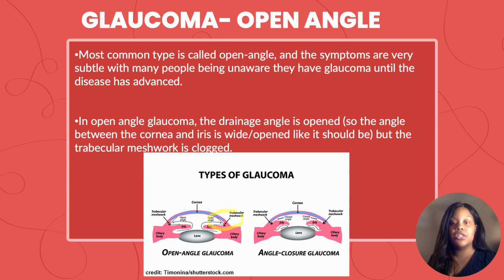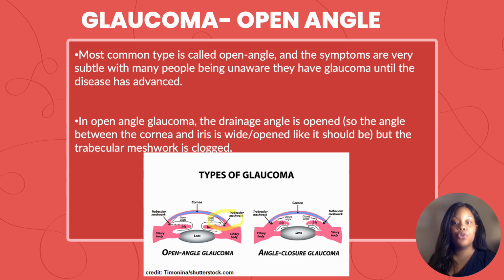So what is the job of our trabecular meshwork? We said that it is like a strainer, like a drainage system, right? So if that is clogged, then we start to have what? A backup of pressure. So why does it become clogged? As we get older, the meshwork doesn't work as well to drain your aqueous humor, and it becomes thick and less permeable.